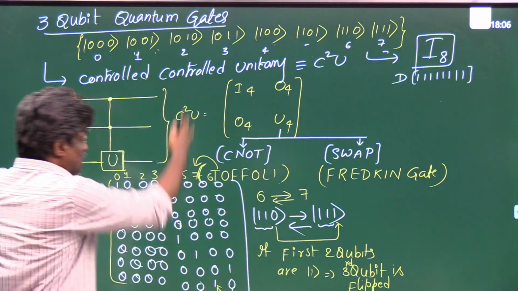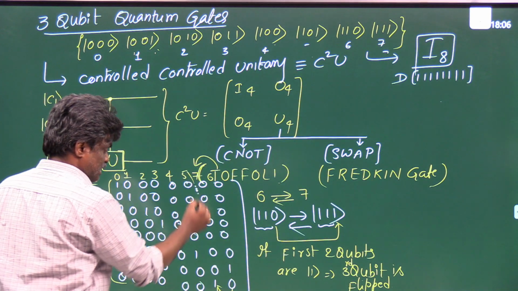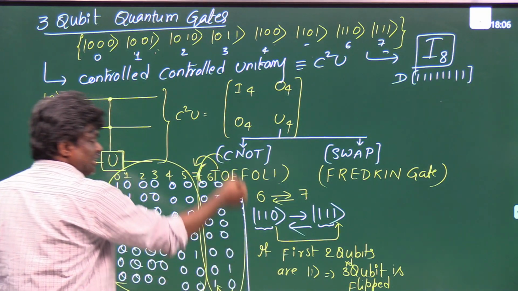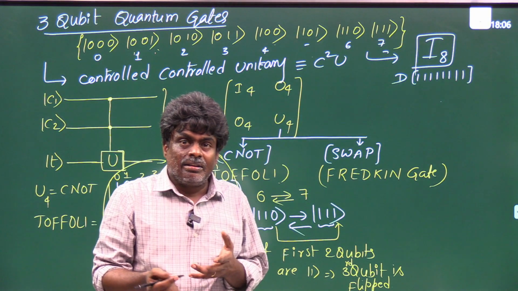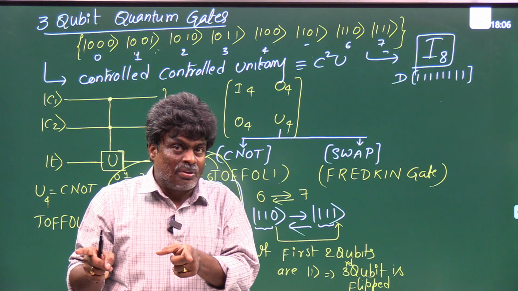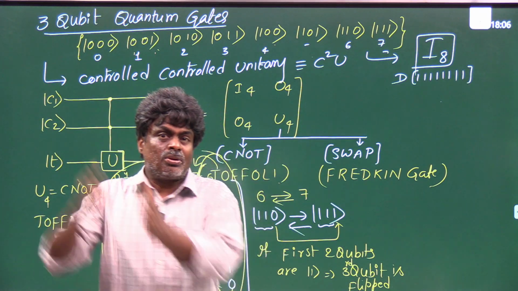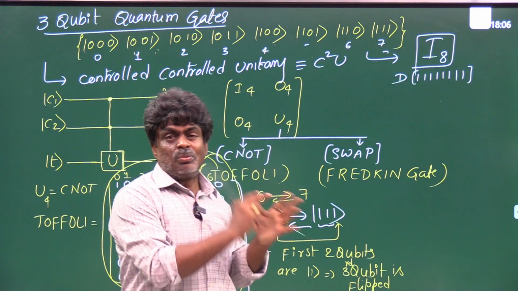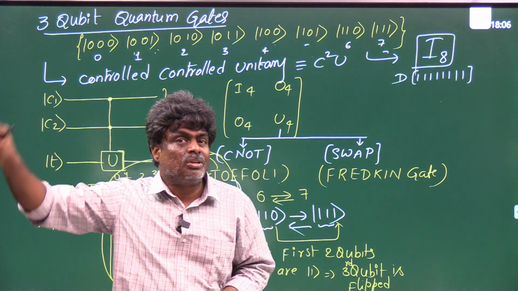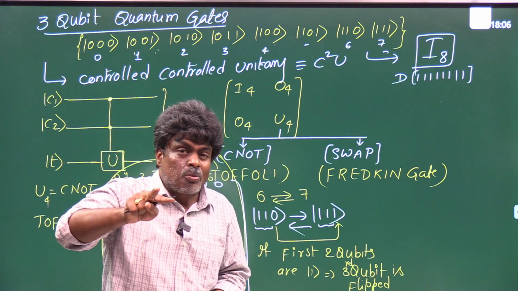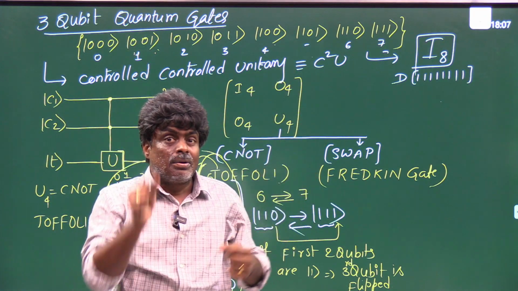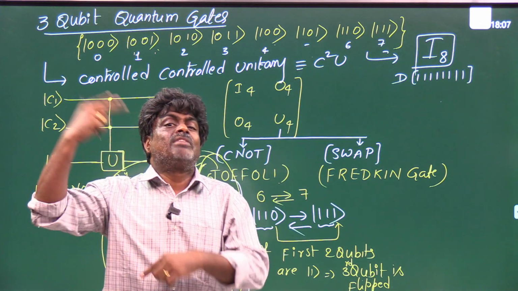If you observe with the identity matrix, all these things are no change. The only change is 7 and 6, interchanging 6 and 7. In binary notation, 6 means 110, 7 means 111. So 110 changes to 111 and 111 changes to 110. Only when the first two qubits are 1 will the third qubit be flipped. In C0, if the first qubit is 1, the second qubit will be flipped.